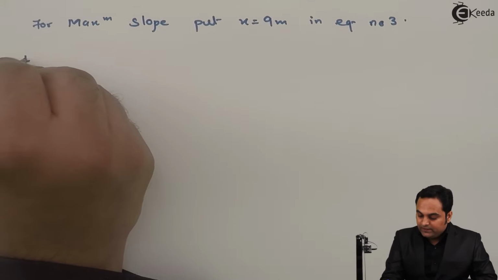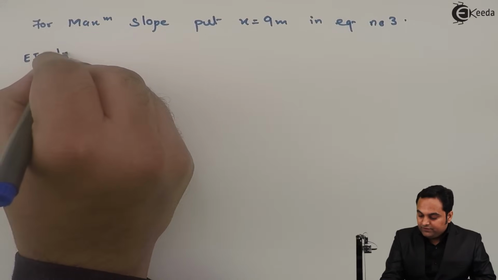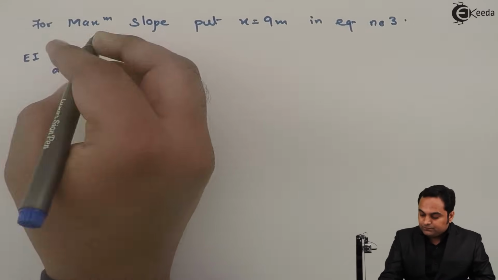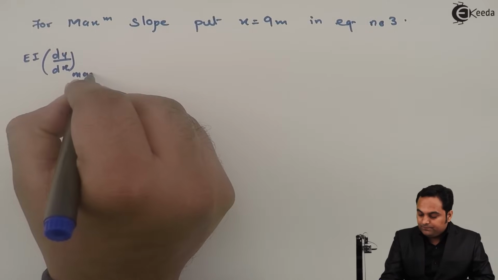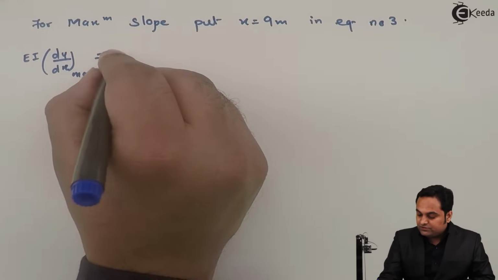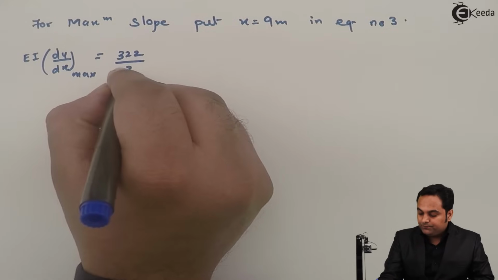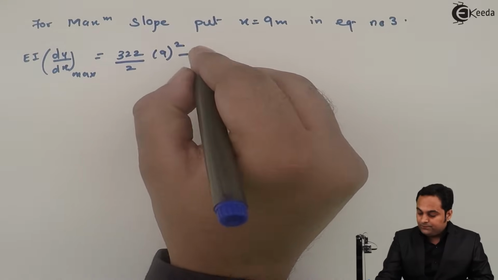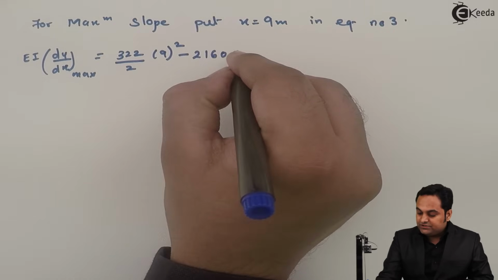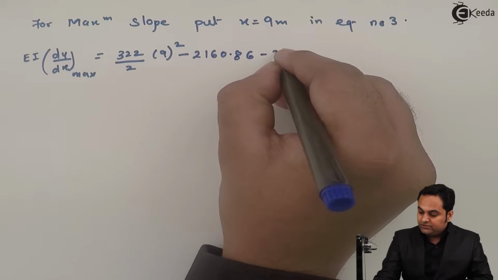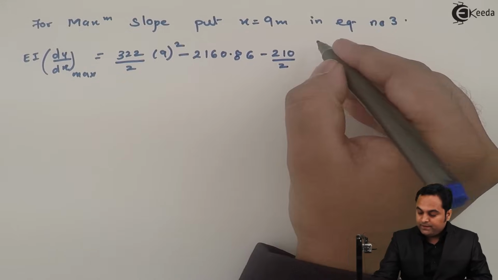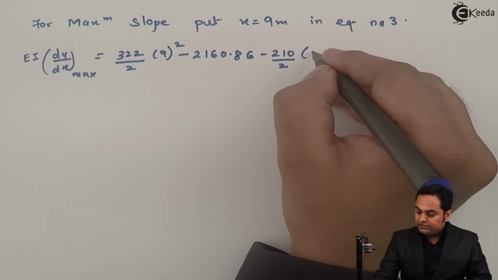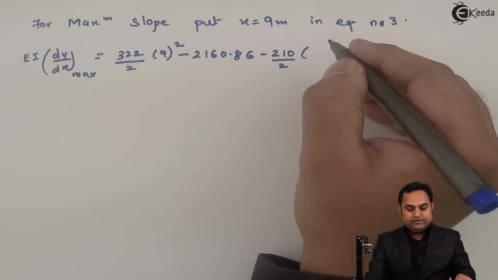So it is EI dy by dx maximum is equal to, the first term is 322 by 2, x that is 9 square, minus 2160.86, minus 210 by 2 into 9 minus 2, that is 7, and 7 square.